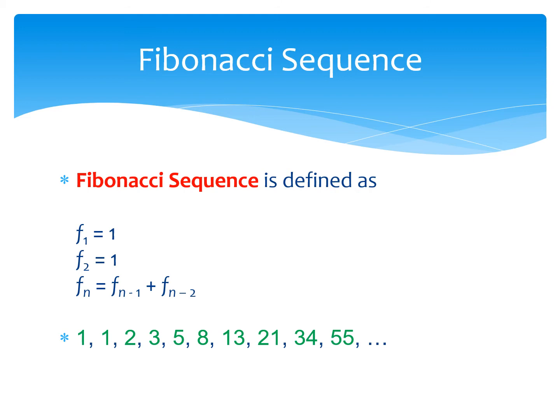The fourth number, 3, is the sum of the previous two numbers, that is 1 and 2. The fifth number, 5, is the sum of the previous two numbers, that is 2 and 3. As you can see, we can repeat this pattern to produce the remaining Fibonacci numbers afterward.